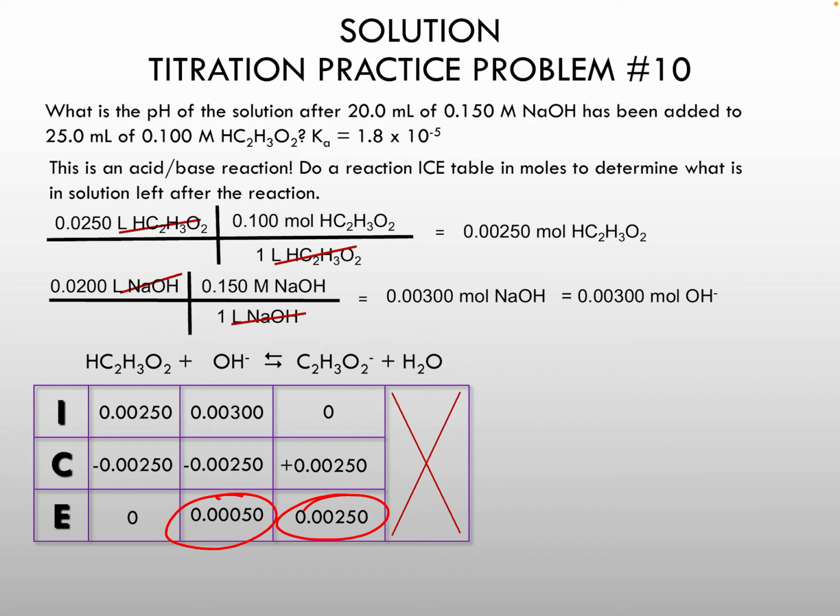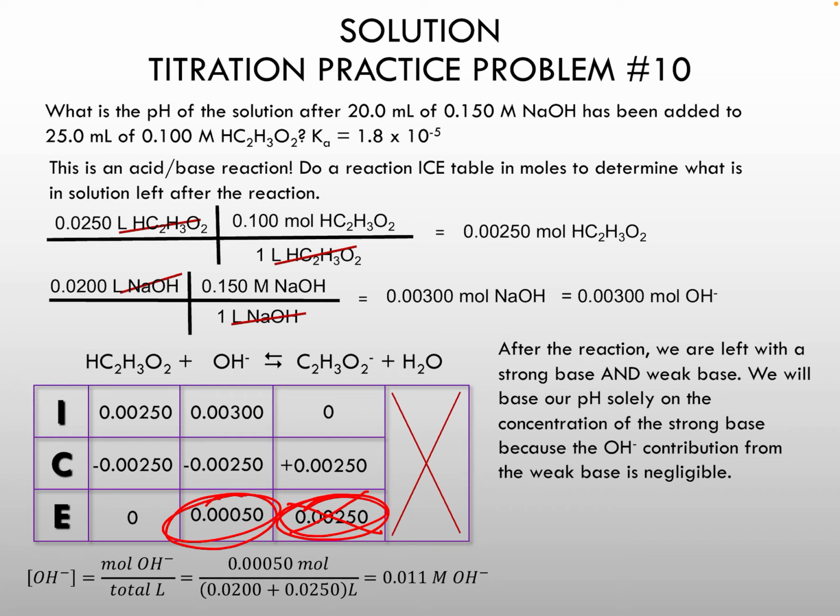This is not a buffer, right? We are left with two things, but this is not a buffer. So we have strong base and we have weak base. We are going to completely ignore the weak base because the contribution to the hydroxide ion concentration is going to be totally negligible in the presence of this strong base. So we're going to use this excess moles of strong base to calculate our pH.